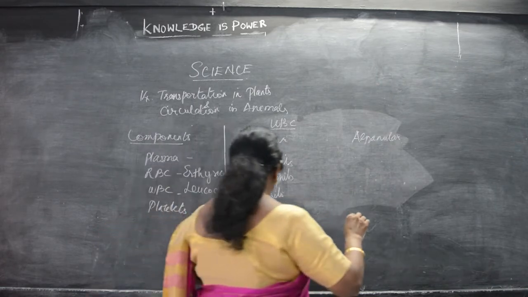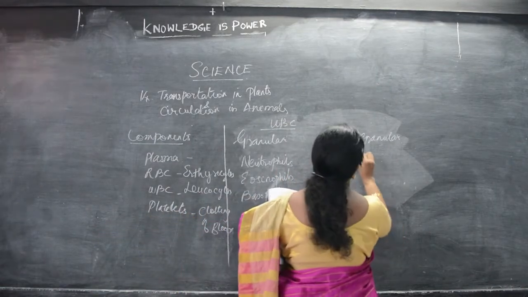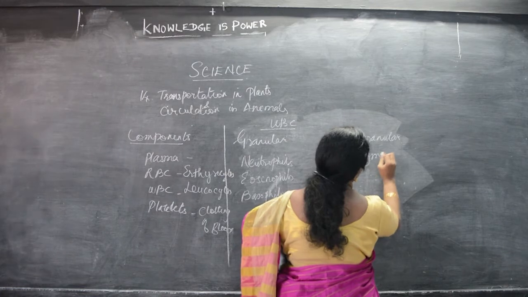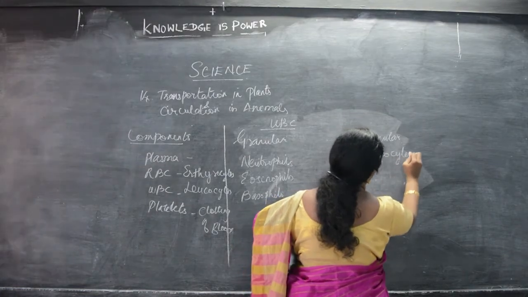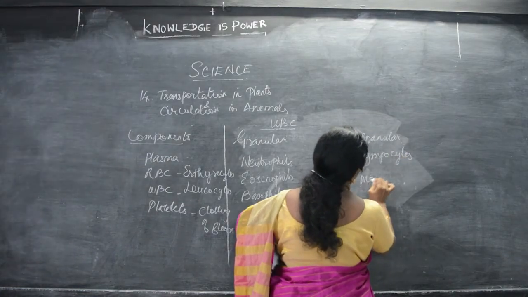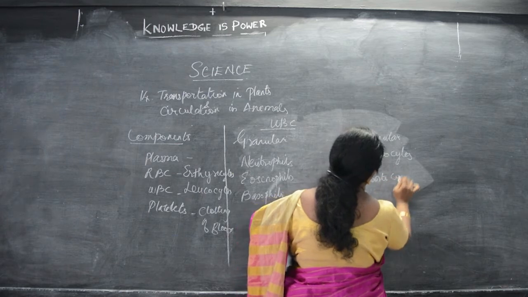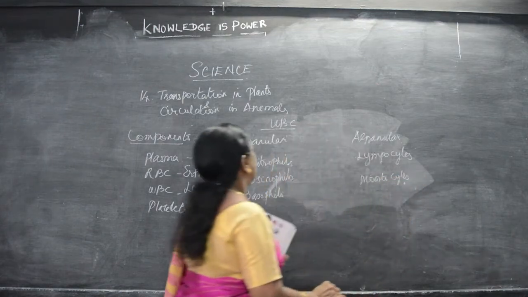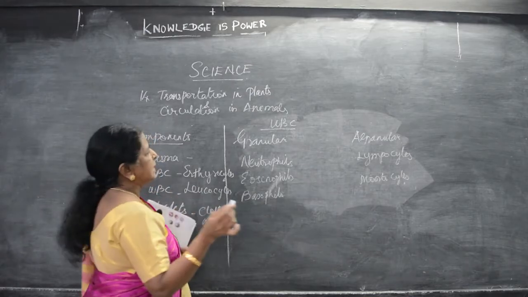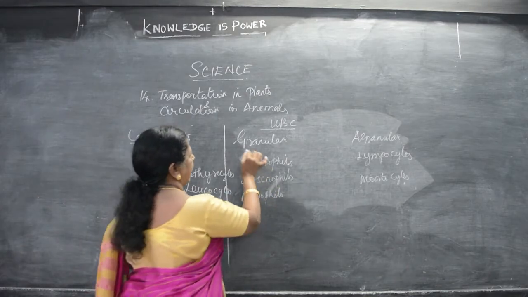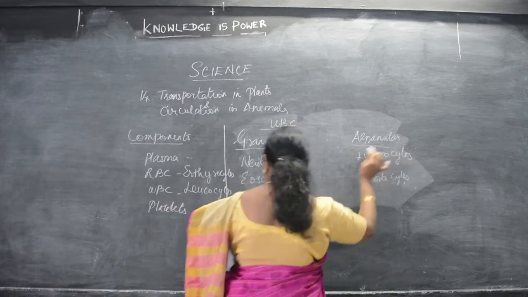And agranular: lymphocytes and monocytes. So, there are two kinds of WBC, granular and agranular.